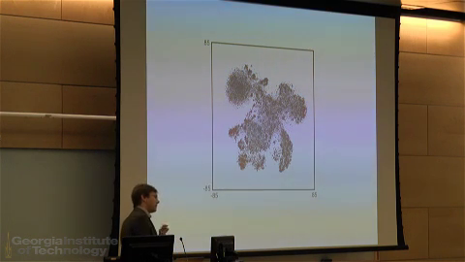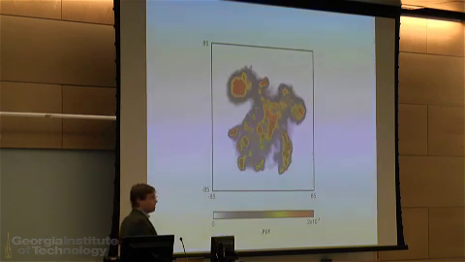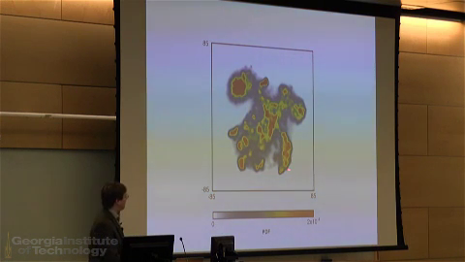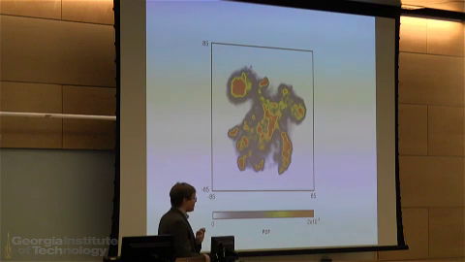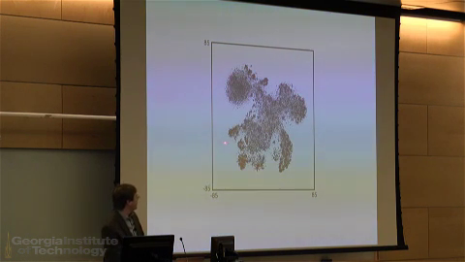We can see this a little bit better if we take each of these points and replace it by a small Gaussian. And we get this here, which is a probability density function over this two-dimensional space. And you can really see all these peaks and these valleys in between them. But the other observation is that, remember, each of these points is one point in time.